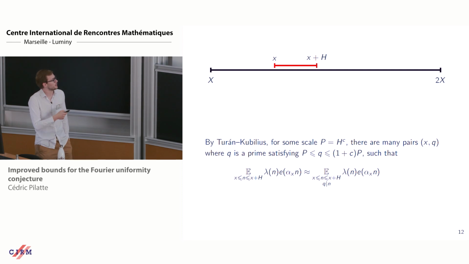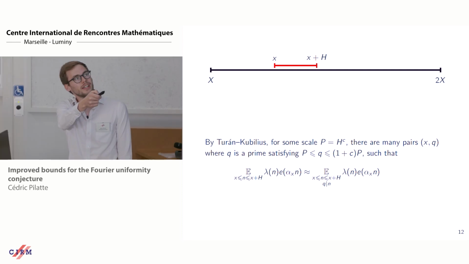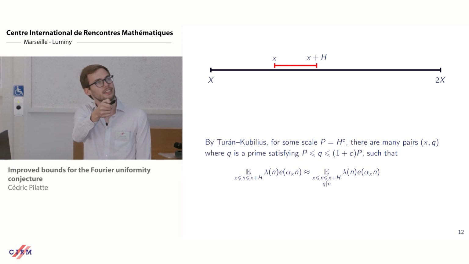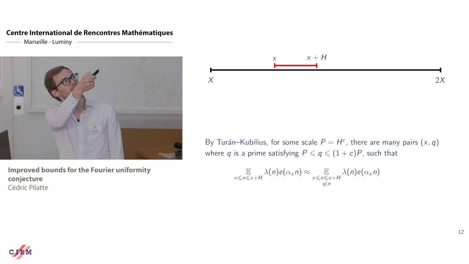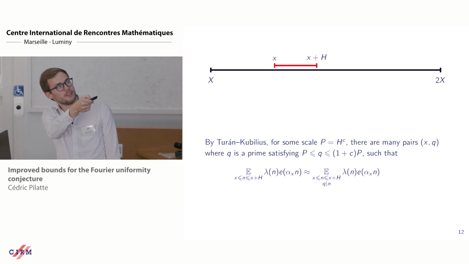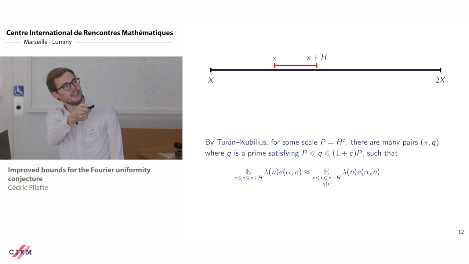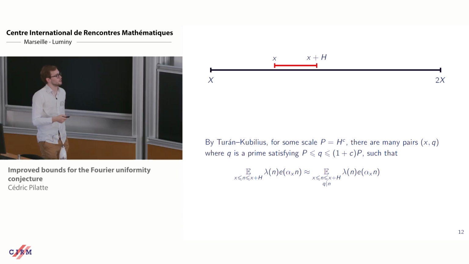By Turing-Kubilius, there exists some scale p, which is a small power of h, for which there are many pairs x and q, where x is a number in this range, and q is a small prime number of size roughly p, such that the average of lambda of n with my linear phase is close to that where I only look at the numbers divisible by q.